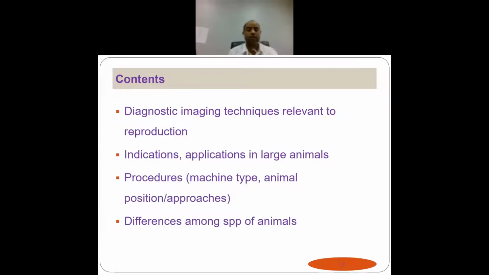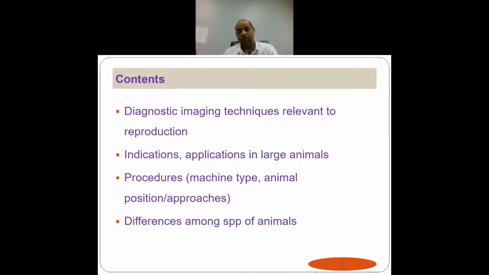Okay. So basically, these are the main contents that we would like to address in this session. I will be discussing the overall diagnostic imaging techniques relevant to reproduction. We'll also see the different indications or applications that we have for ultrasonography in large animals.